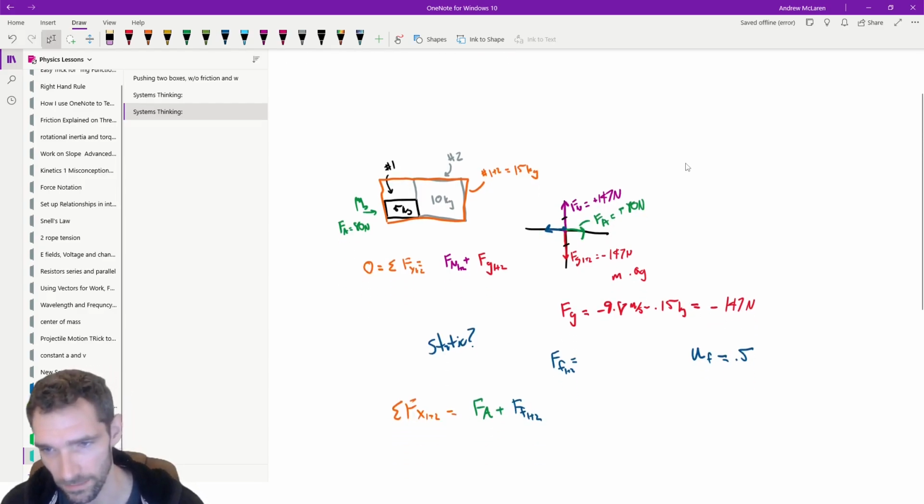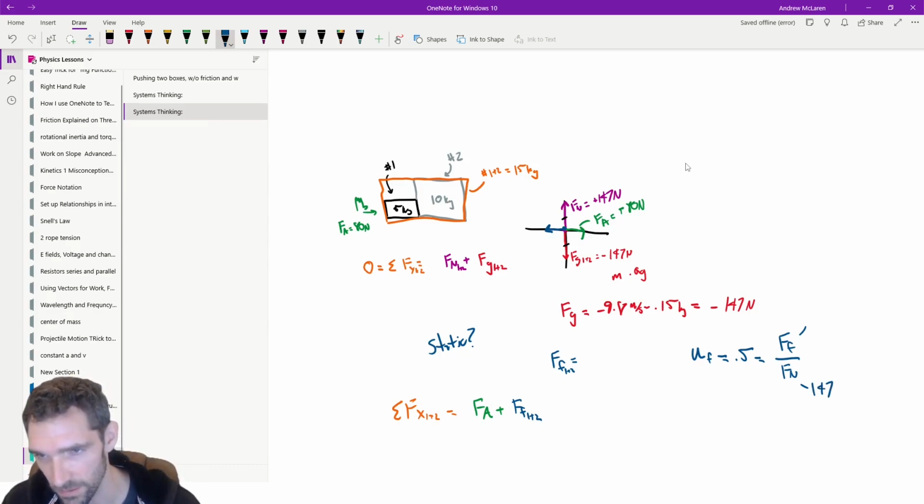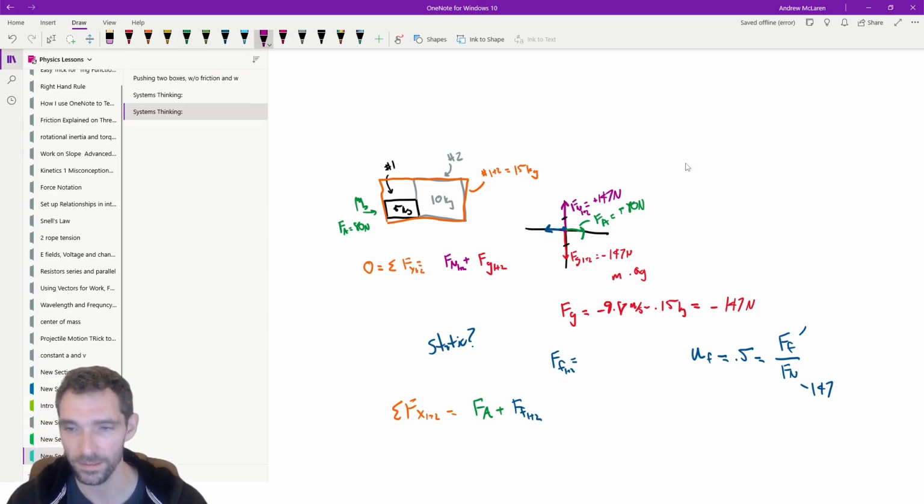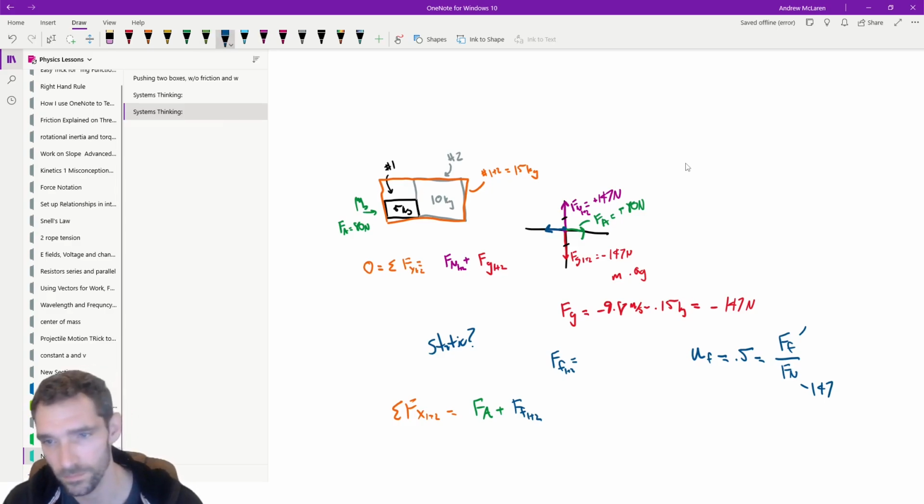So it's 0.5, meaning that would be the force of friction over the normal force. I usually write it in this format and keep it like that. In this case, the force normal is 147 newtons. And this is the force normal of objects 1 plus 2. And that will help us get the force of friction that's appropriate as well with that.